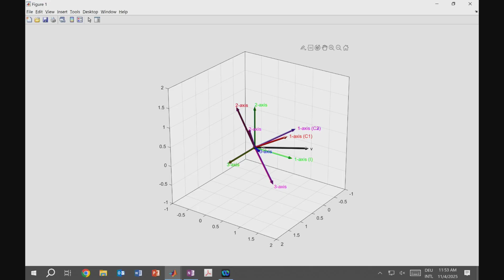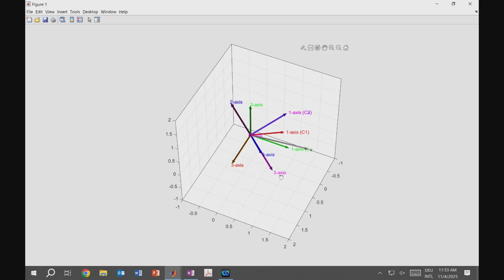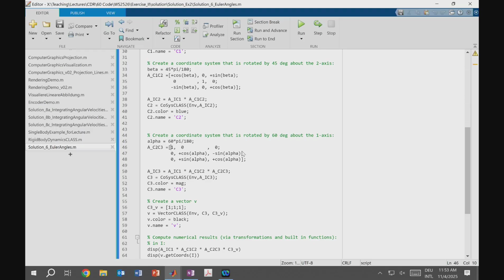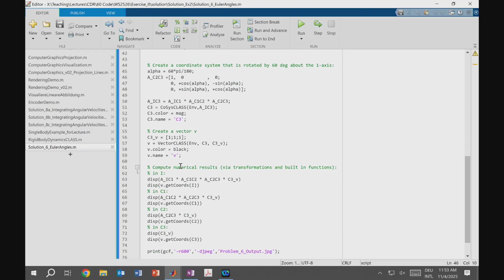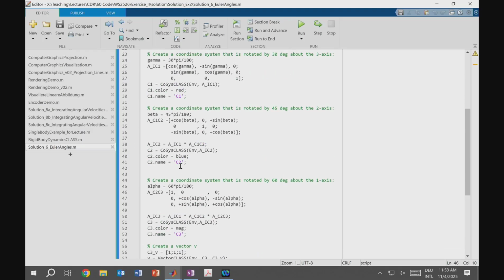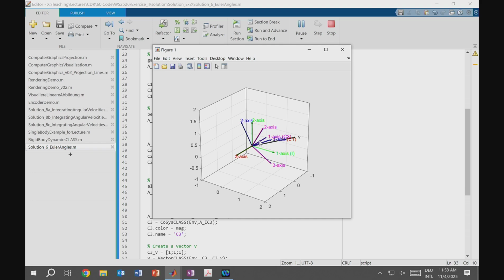So we have green, red, blue, and purple. Those are my 3 Cardan angles. And then I said the issue is if I set beta to 90 degrees here. So let's set this quickly to 90 degrees and let's see what happens.